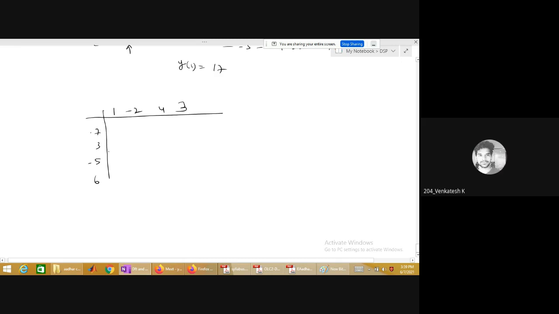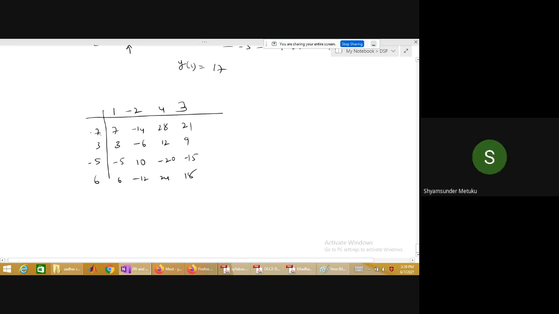So these are the actual inputs given. 7 into 1, 7. 7 into minus 2, minus 14. 7 into 4, 28. 7 into 3, 21. 3 into 1, 3. 3 into minus 2, minus 6. 3 into 4, 12. 3 into 3, 9. Minus 5 into 1, minus 5, then 10, minus 20, minus 15. 6, minus 12, 24, 18.